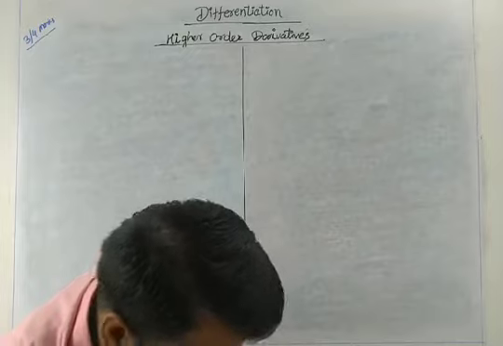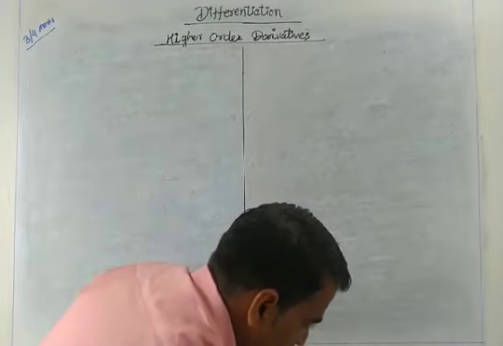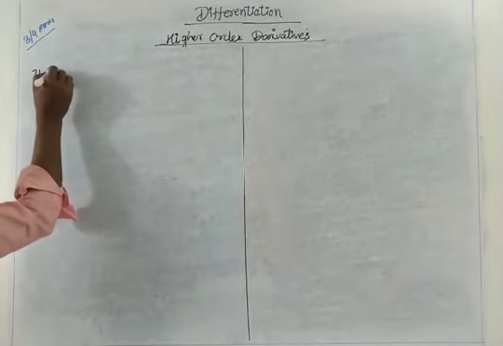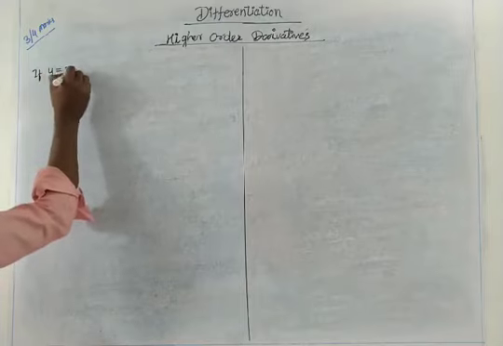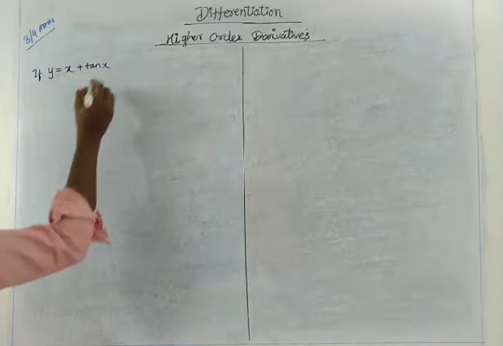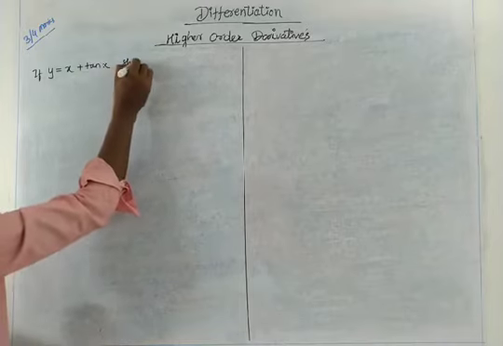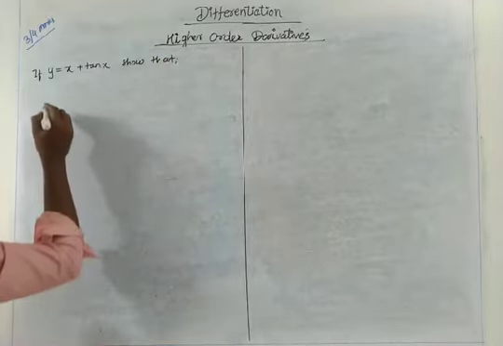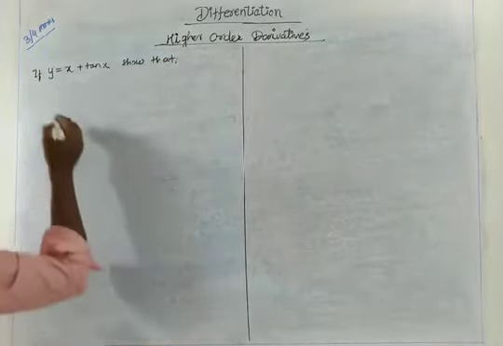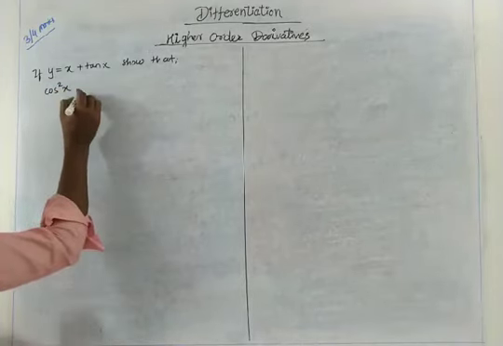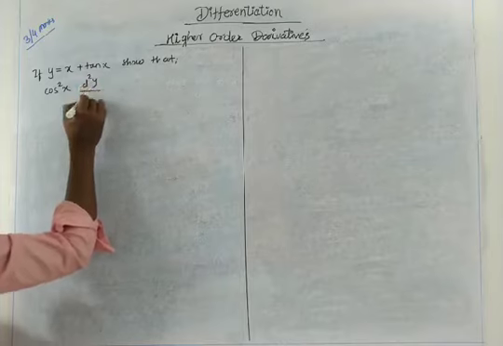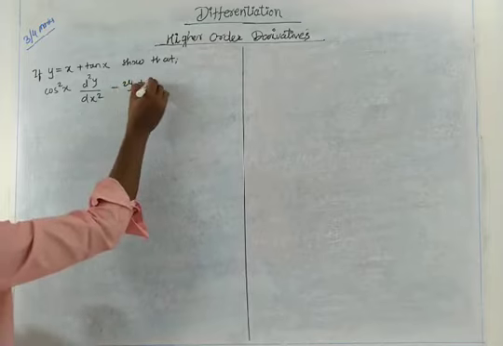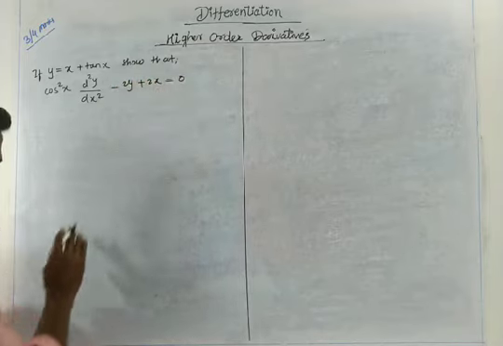So now first question is, if y is equal to x plus tan x, show that cos square x d square y by dx square minus 2y plus 2x is equal to 0.